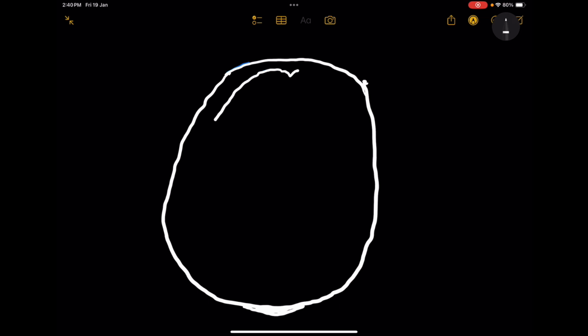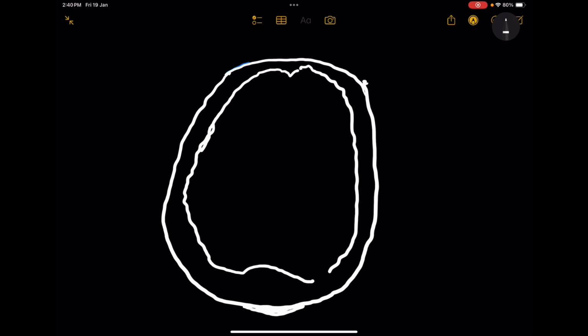And then it goes around parallel to this, forming an internal occipital protuberance here. And this is what we have made, the internal table. You have removed the calvaria, you have removed the upper part of the skull, and you are looking inside.